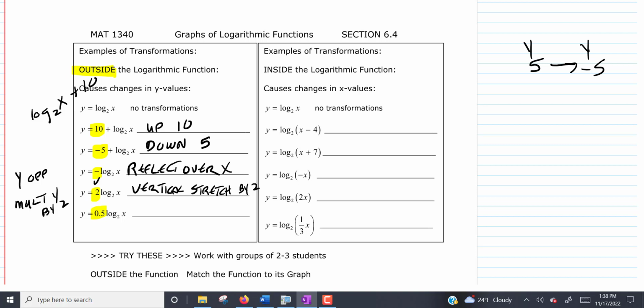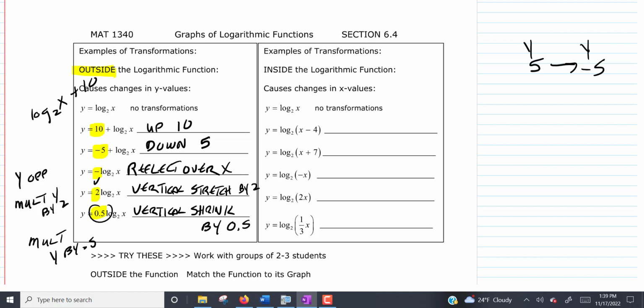The next one, 0.5, would be a vertical shrink. The reason it's a vertical shrink is because y gets smaller. You're actually multiplying y by 0.5. So that is a vertical shrink by 0.5. The better you understand this, the more likely you are to remember this. If you understand how the number changes y, then it's easy to remember. That's how I remember all this stuff.